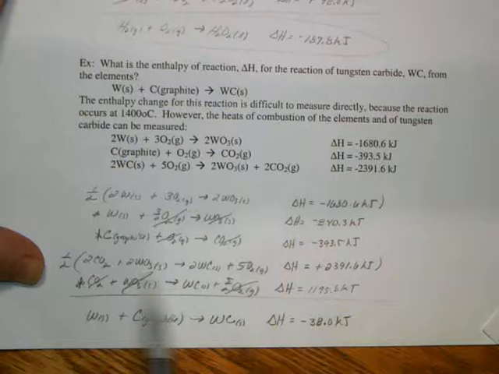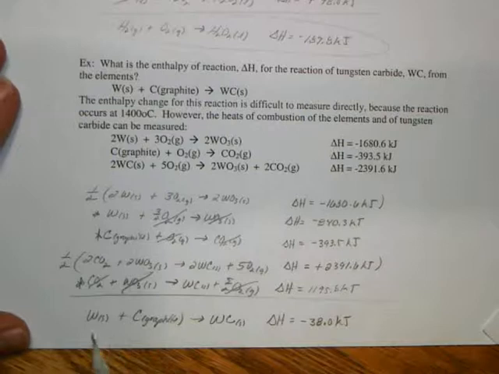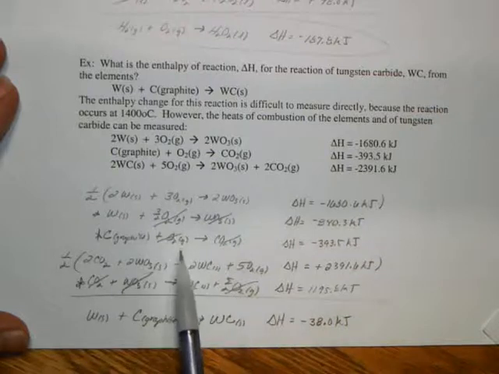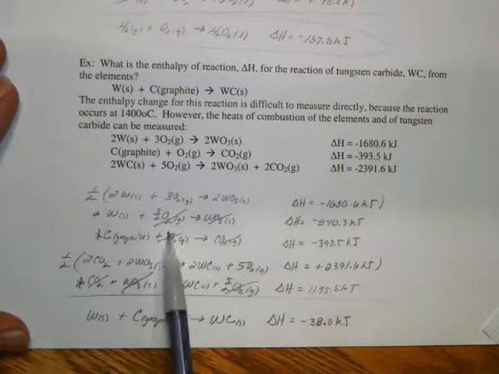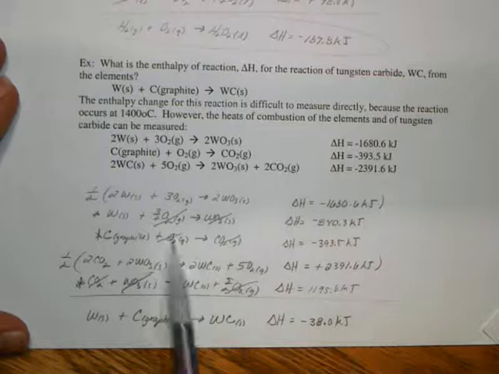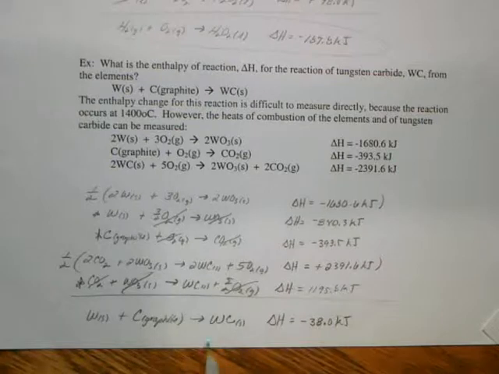So I flipped it, multiplied through, my sign will change, and I'm also decreasing it in half. When I add everything up, I have the overall reaction, and my enthalpy is negative 38.0 kilojoules. Just be careful. Do you see 3 halves plus the 2/2? That gives me my 5 halves to cancel. So just be careful with the fractions if you create them.